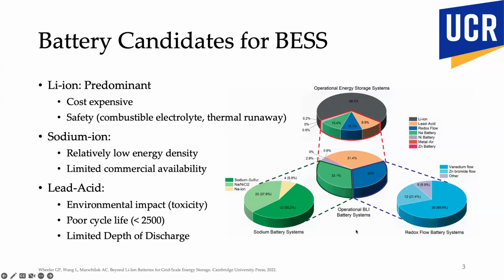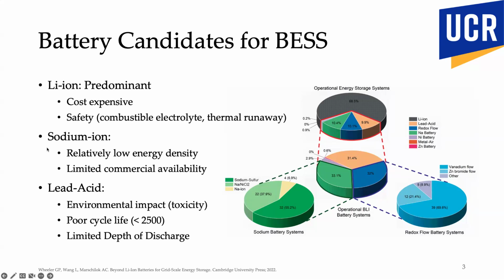However, each of these types has its associated disadvantages. For example, for lithium-ion, the cost is expensive, and it has safety concerns because the lithium-ion electrolyte usually utilizes flammable organic materials that can cause thermal runaway, and then fire or even explosion or deflagration.